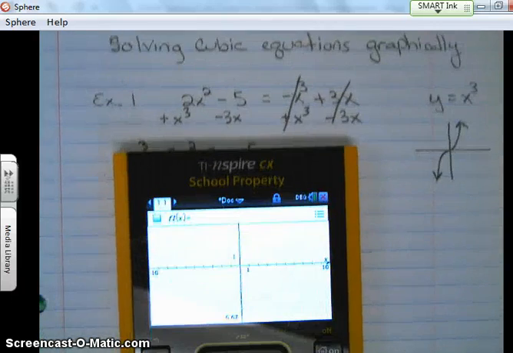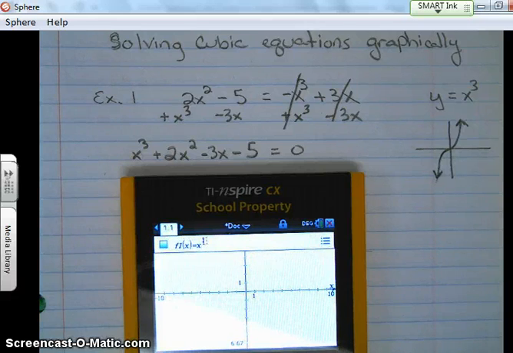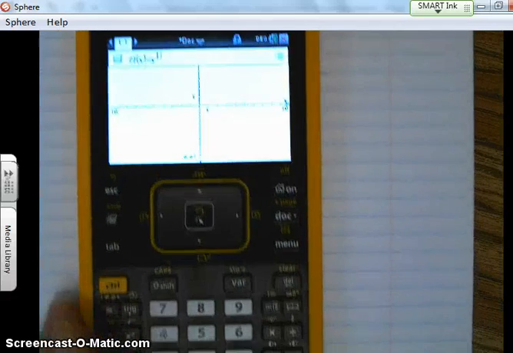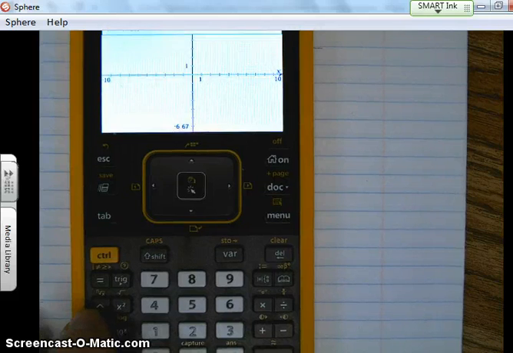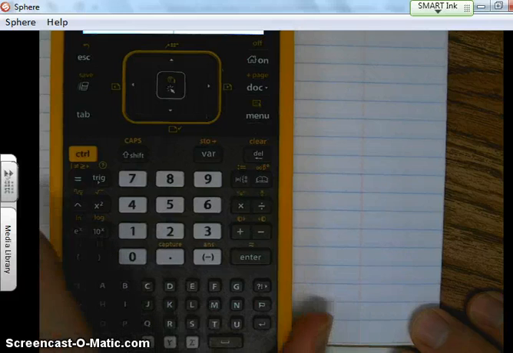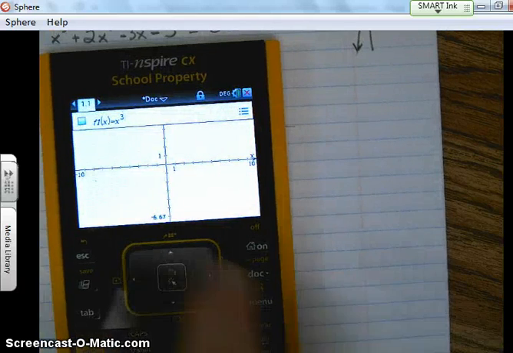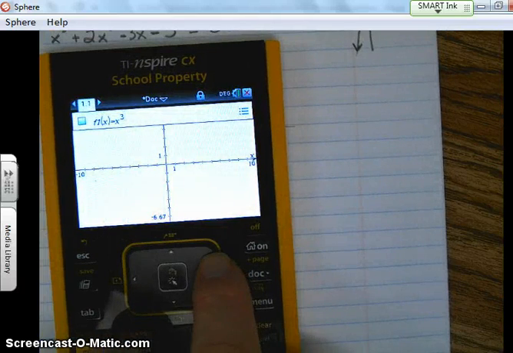So we have x caret. To get the caret, it's over here. x caret 3. Notice the cursor is up with the 3, so I have to arrow over to get it out of the exponent.